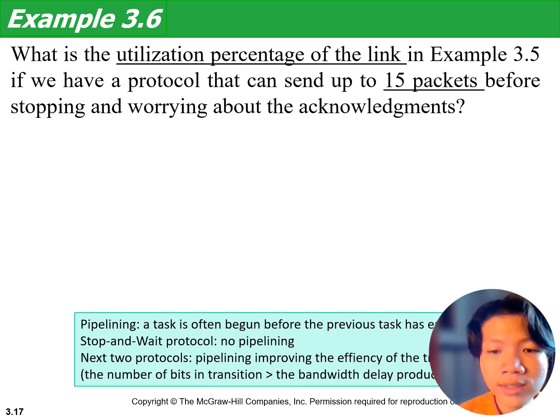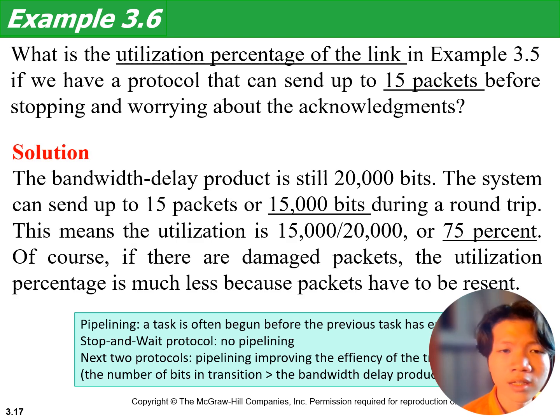Example 3.6. What is the utilization percentage of the link in example 3.5 if we have a protocol that can send up to 15 packets before stopping and worrying about the acknowledgements? The solution: the bandwidth-delay product is still 20,000 bits.